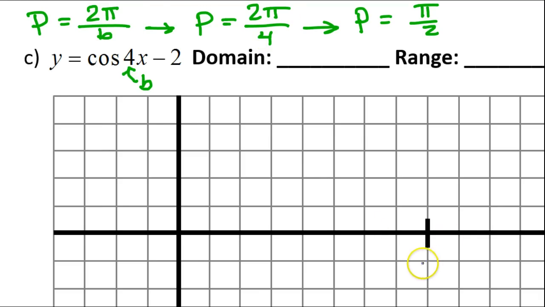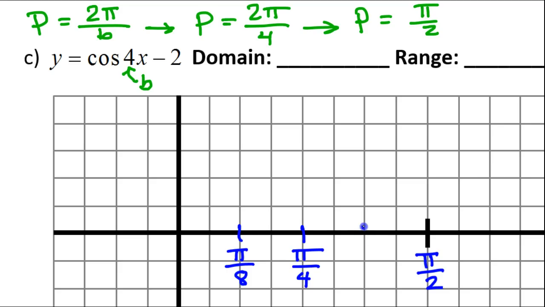So I'm going to put pi over 2 right here, because that's the period. Now if I take half of pi over 2, that's going to be pi over 4. So that goes here. If I do half of pi over 4, that would be pi over 8.